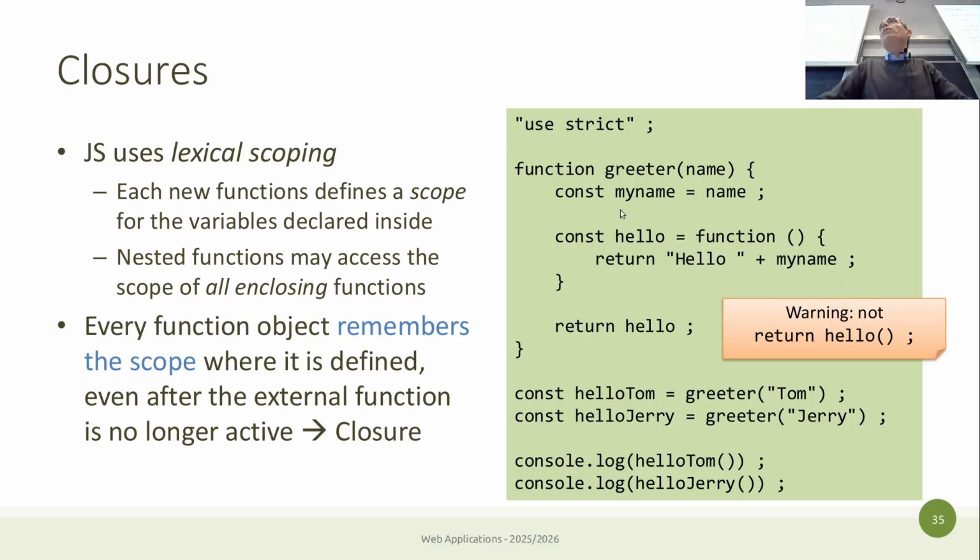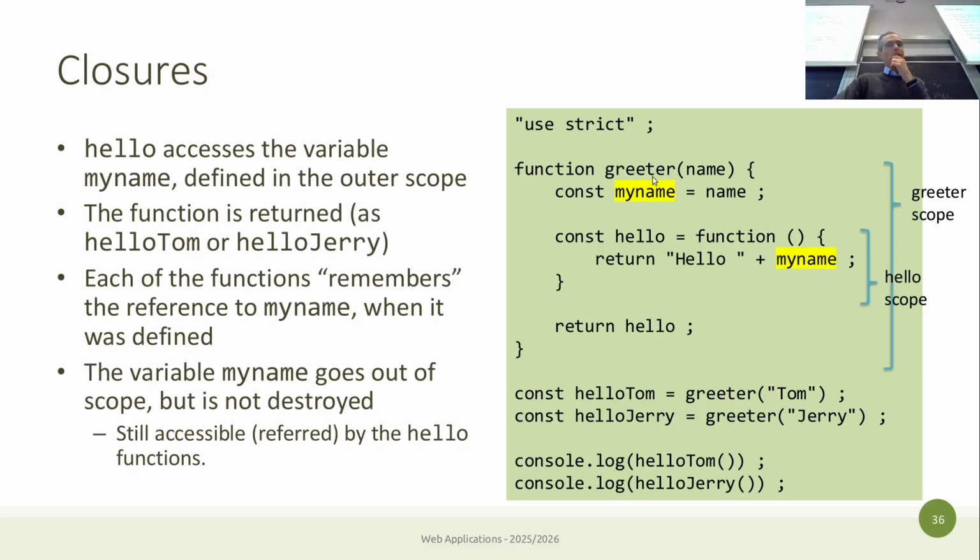Many closures happening inside normal code in JavaScript for web applications, okay? Okay, so this is the whole explanation in writing, okay? So each of the functions remembers the reference to my name when it was defined. So in short, there are multiple instances of this my name in the memory of JavaScript somewhere, and only those functions can access actually the right instance of that value, okay?